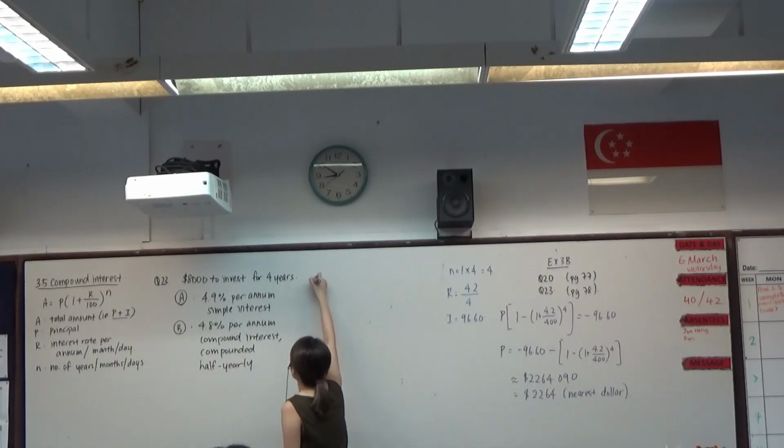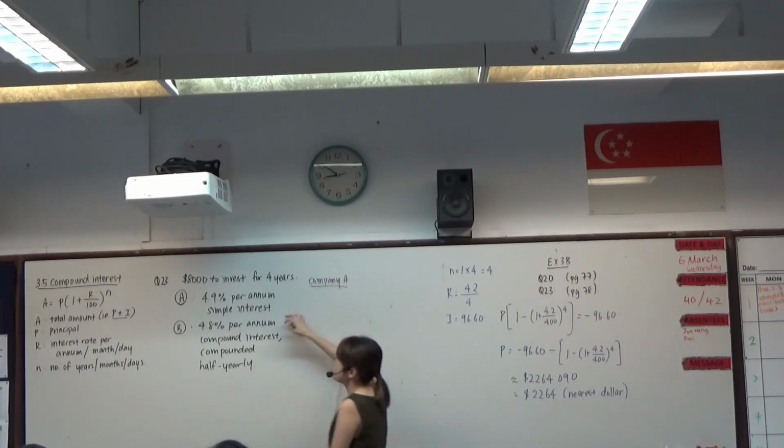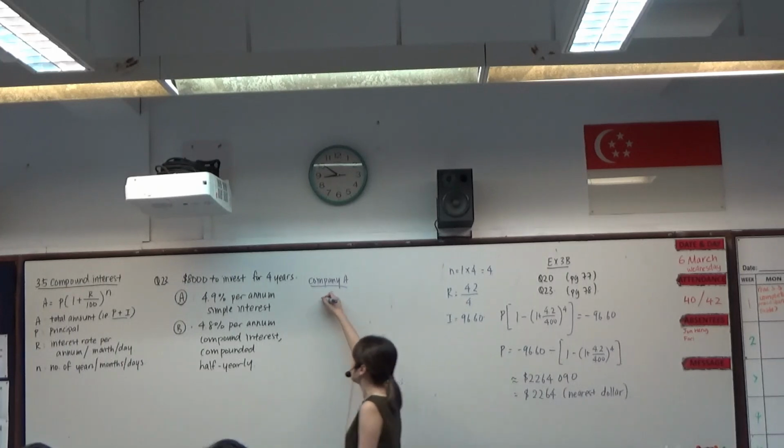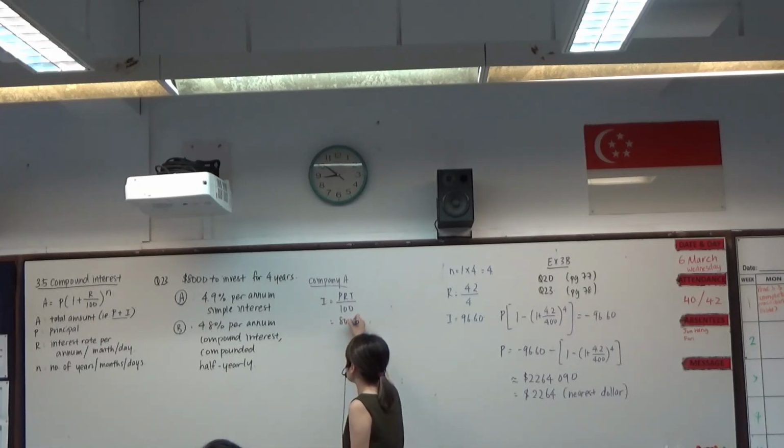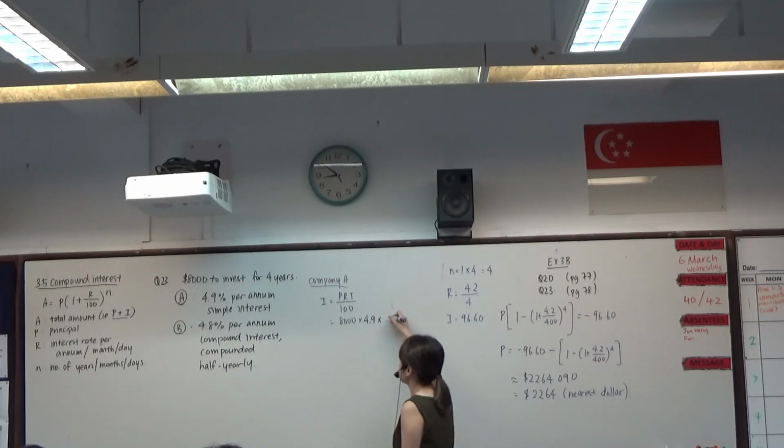For case A, company A, because it is simple interest, we use the formula I equals PRT over 100, whereby the principal is 8,000, rate is 4.9, T will be 4 years.